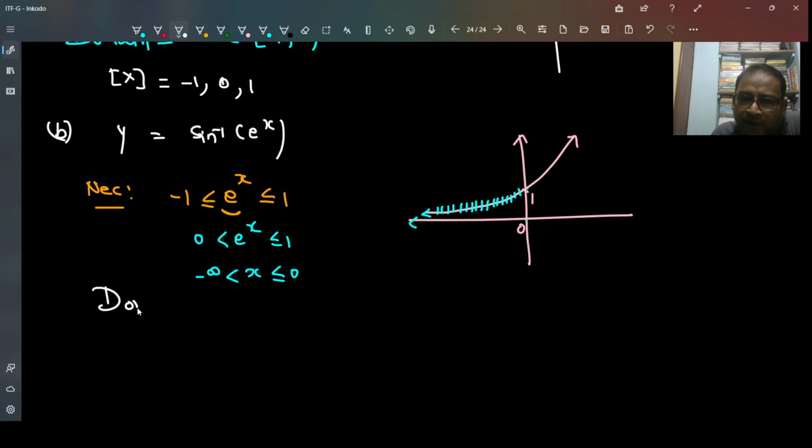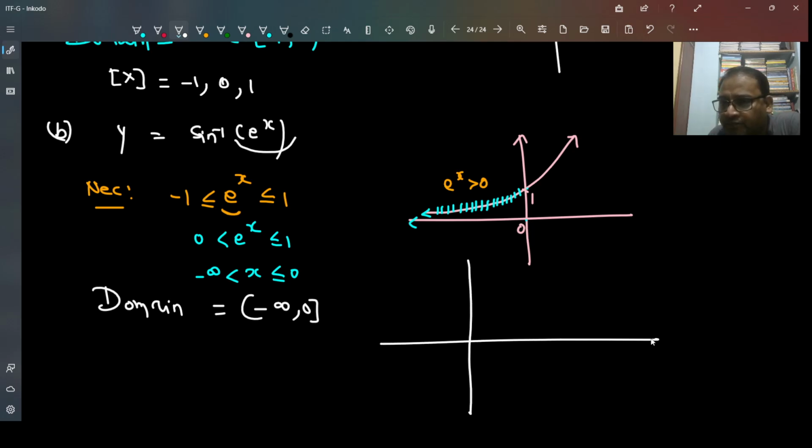So the domain will be -infinity to 0. Okay. So here we notice that e power x is positive and takes maximum value 1. So when this value is positive and takes maximum 1, look at the sine inverse curve.